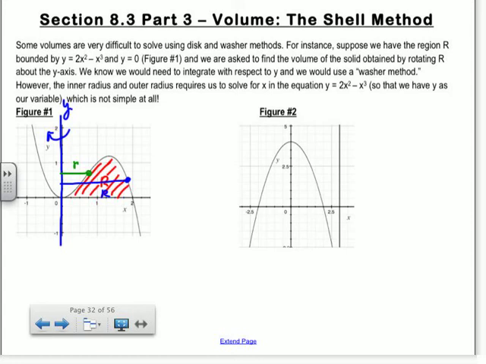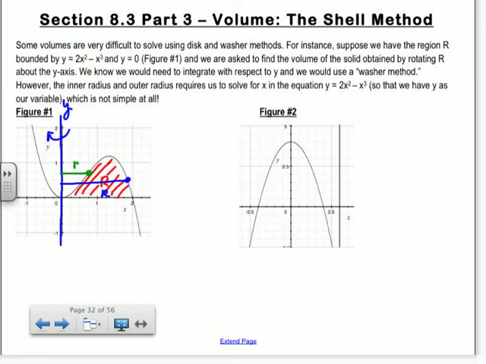You would somehow have to break that curve into 2 separate pieces. Since we're rotating around a vertical axis, we need to integrate with respect to y, so we need to solve for x, and that's going to be really hard to solve for x. y equals 2x squared minus x cubed. I don't know how to do that. So we learned this other method, the shell method, which makes it easier.